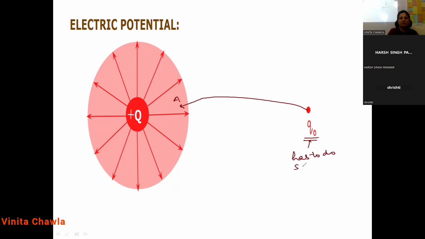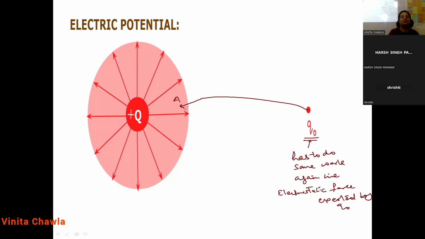some work against the electrostatic force exerted by source charge. Okay.